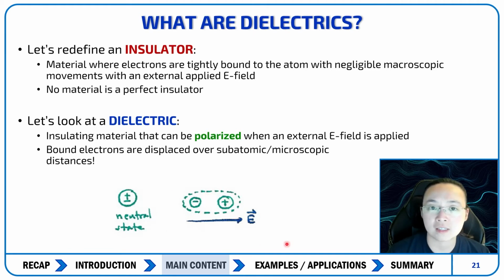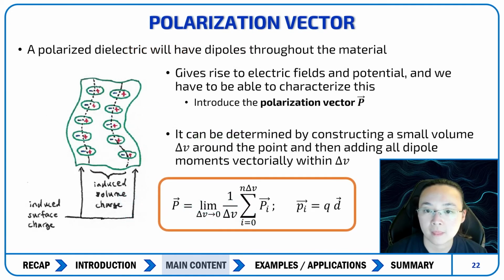So think of this as, for example, the water molecule where one end is positively charged and the other end is negatively charged. So this creates a dipole. And if you have a dipole, it means that there's going to be a direction of polarization.